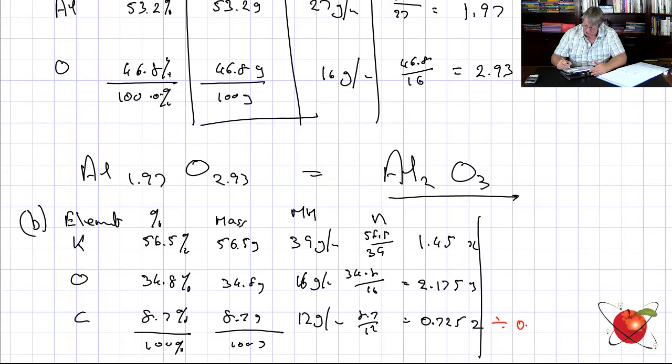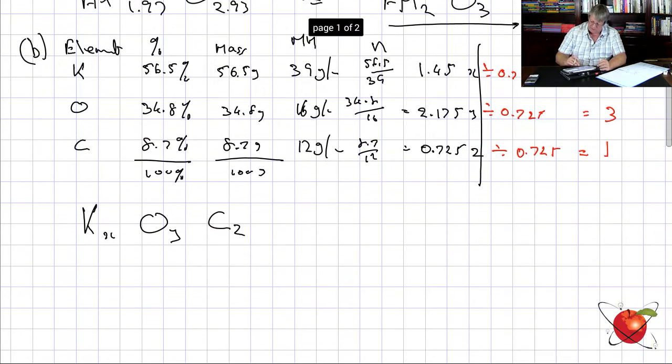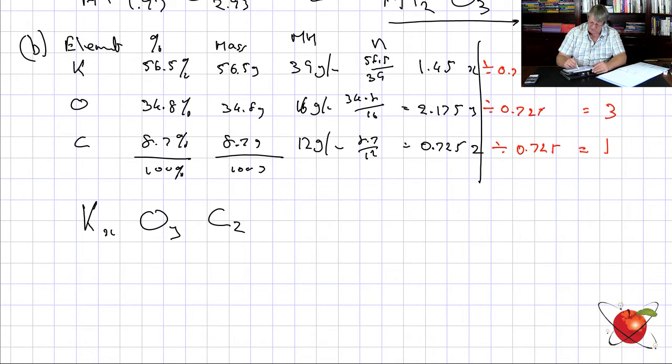What do we do? We divide through by the smallest. I'm going to put that in red. You divide through by 0.725, which gives 1. Divide by 0.725, divide by 0.725. We want to get all these equal to a whole number, and we get 3 and 2. Therefore, our formula is going to be K2CO3.